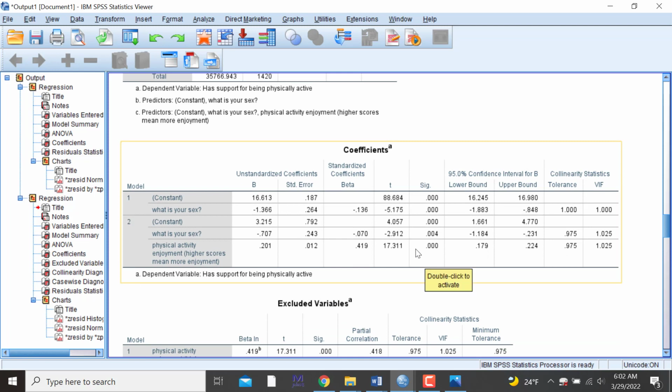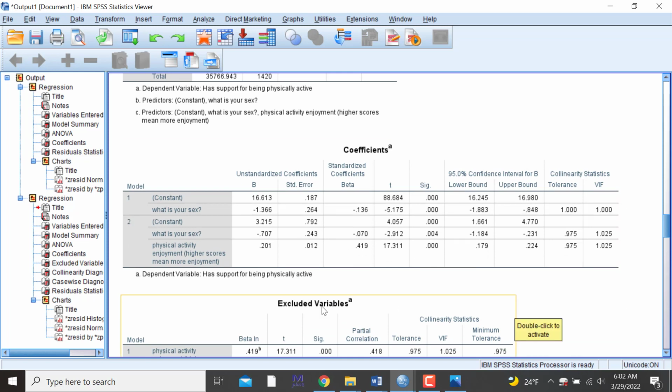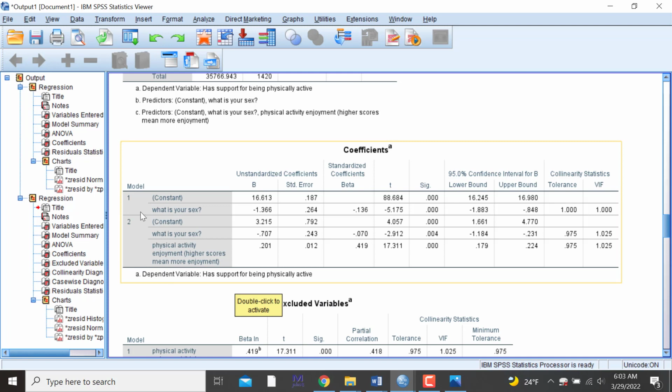What's important is this table right here. Again, you have to present both of these, model 1 and model 2, but I'm really interested in model 2. Right, because this is the one that, see, we controlled for sex because there are sex differences in things like support for PA. However, what we're really interested in is knowing whether physical activity enjoyment has an effect above and beyond the effect of sex.